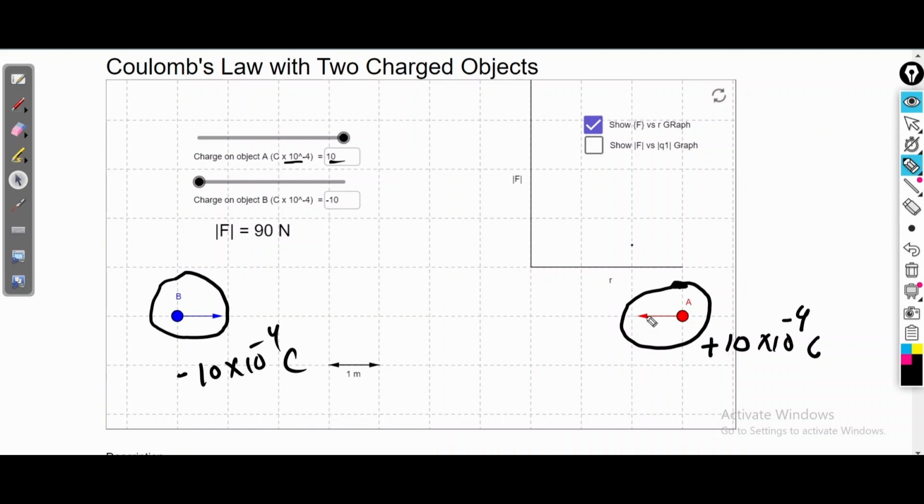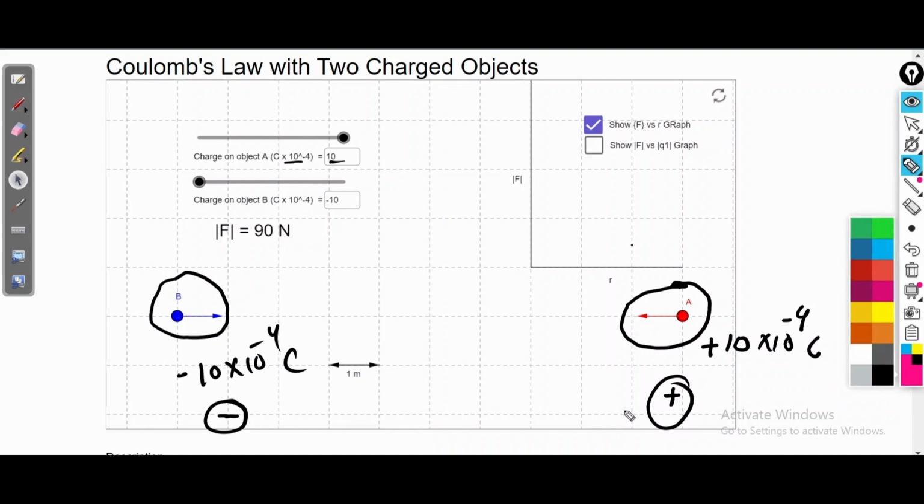So this object has positive charges and this object has negative charges, and we know that there is a force of attraction between the positive charges and the negative charges.